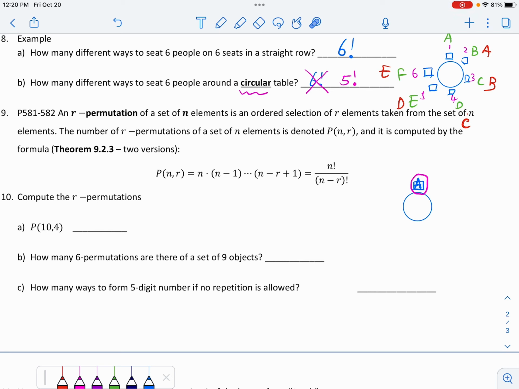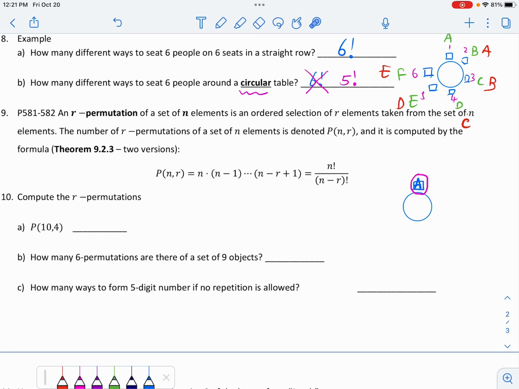You're only ordering part of them, say R elements. And then how do we find the R-permutation? By the way, it is denoted by P(N, R). There are different ways to read that, but basically this is the number of R-permutations on N objects.